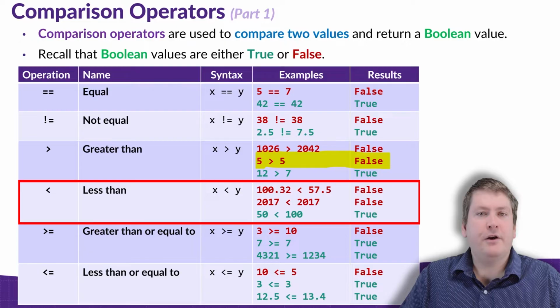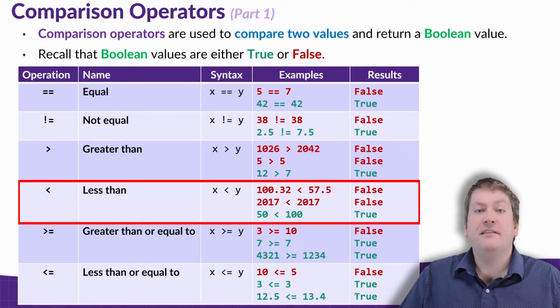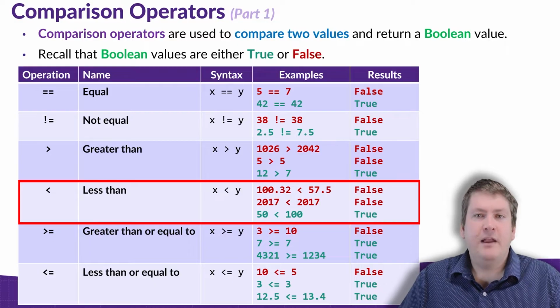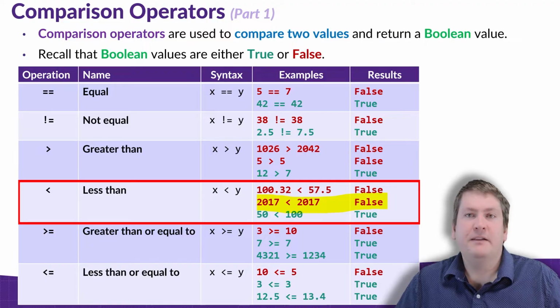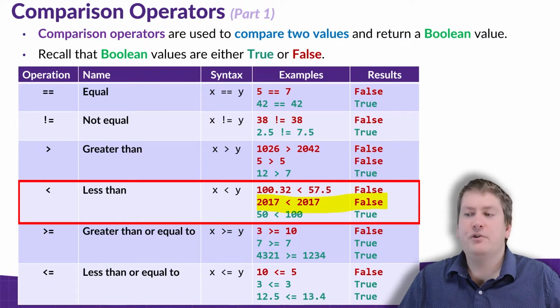The less than operator works in the same way, but it checks if the value on the left is less than the value on the right. Again, if the values are equal, it's not considered to be less than, and this would return false. So in this case, 2017 less than 2017 would return false.